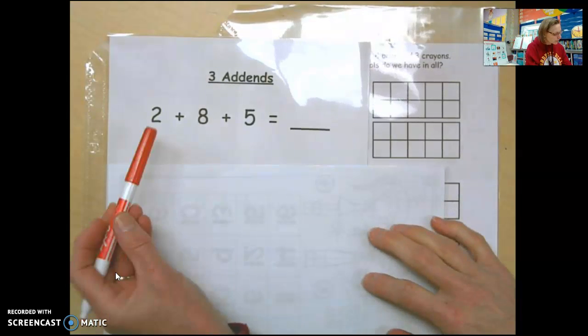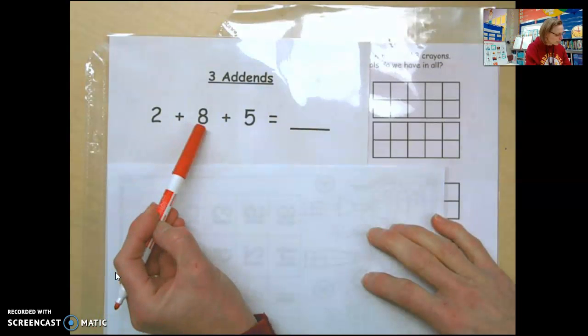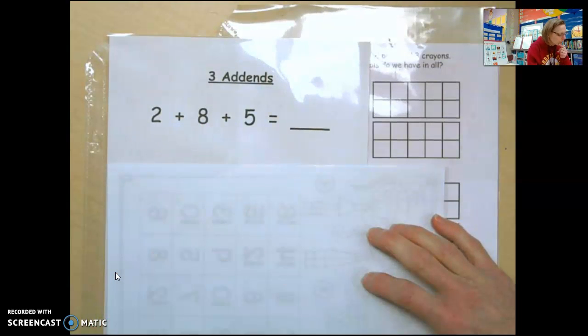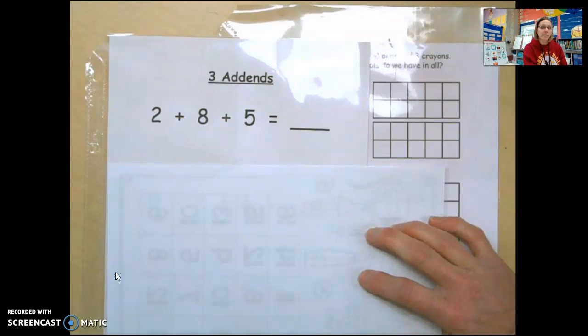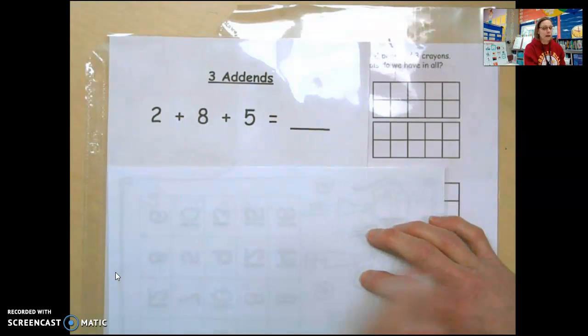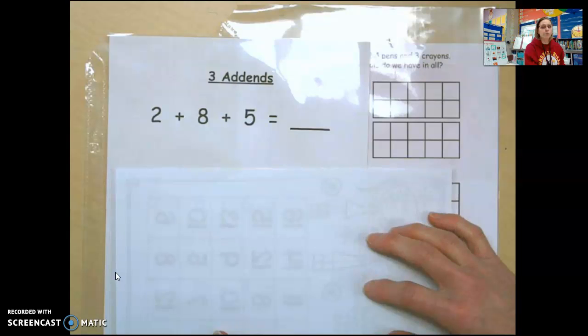All right, so let's look at this first one, 2 plus 8 plus 5. Okay, so do you see 2 numbers that are doubles, or 2 numbers that you could make into a double? I don't see it. Do you see 2 numbers that can make a 10? I do. I hope you do too.